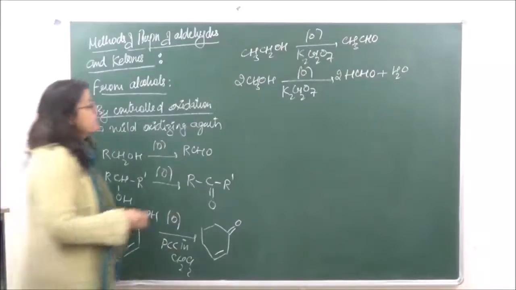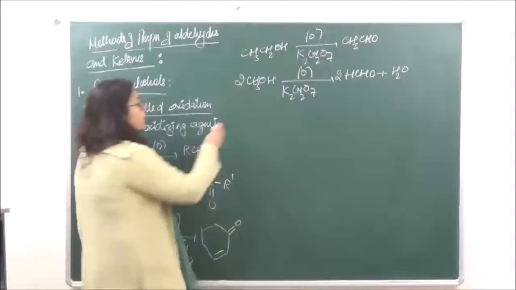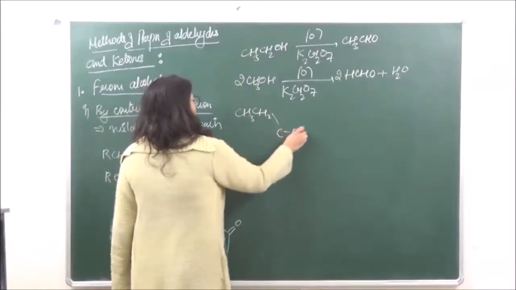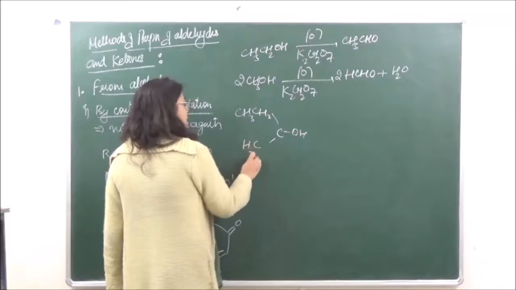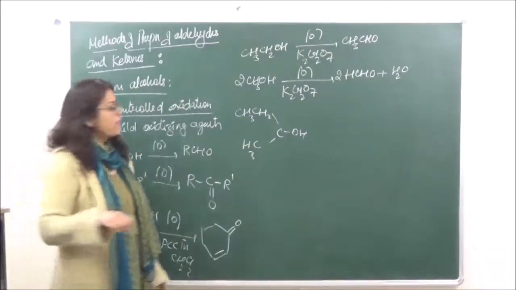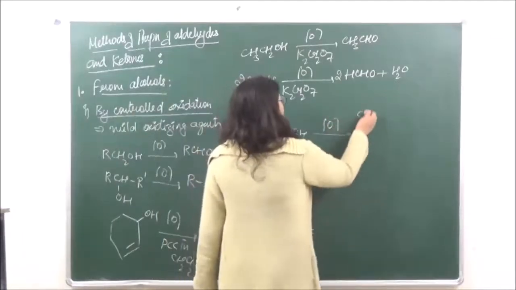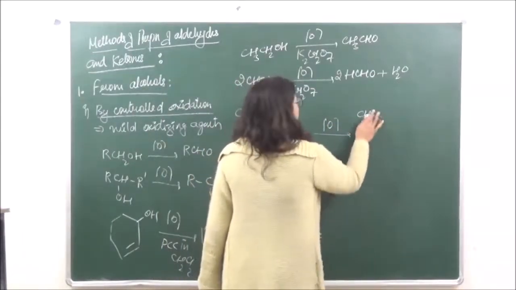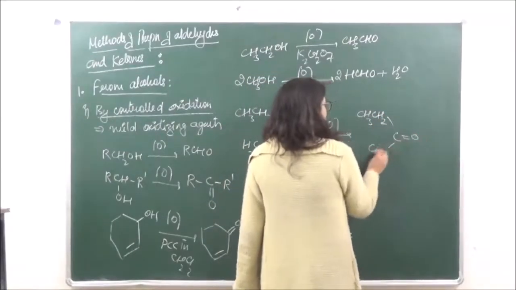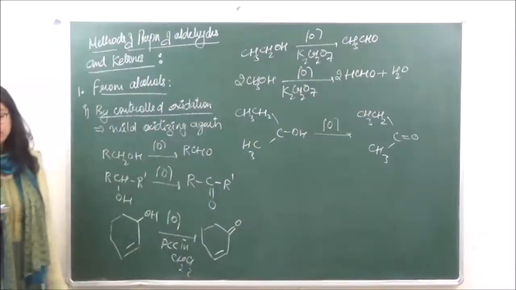Okay, now if we are taking a secondary alcohol over here of the type CH3CH2CH(OH)CH3, and we are oxidizing this in presence of any of the mild oxidizing agents which we have just done, this is going to give us a ketone. Okay, so we are going to get a ketone over here.